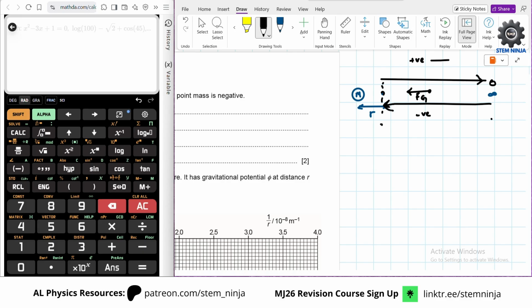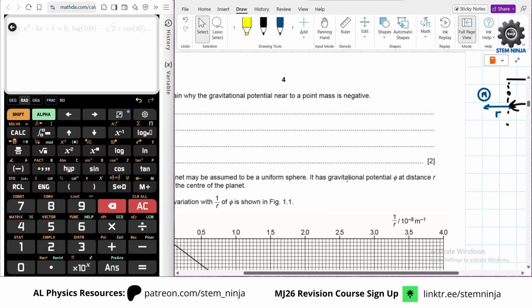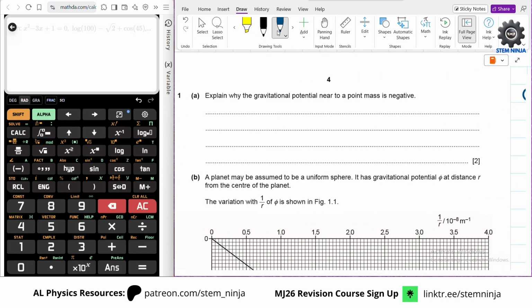And since work is done by the field, there's going to be a loss in gravitational potential energy. So it's going to result in a negative potential. The magnitude will definitely increase, but it's going in the other direction. So that's why. So 2 points. You can write it either way.